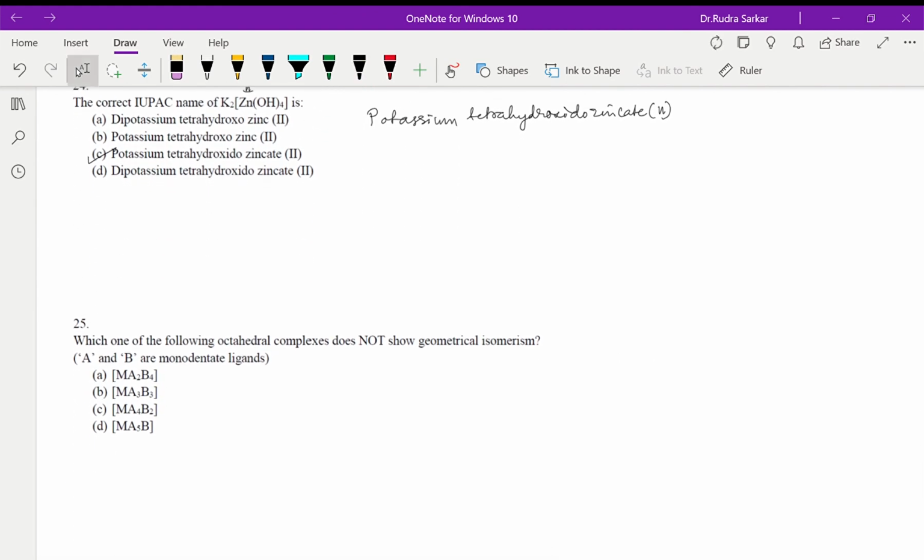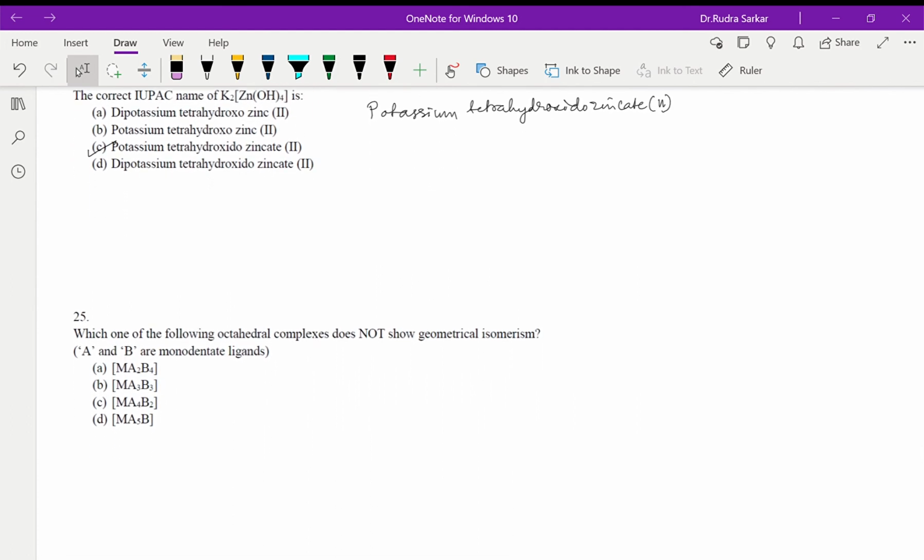Next we have, which of the following octahedral complexes does not show geometrical isomerism? Geometrical isomerism can be shown by MA2B4. How? Let's have a look. B, B, B, B, you have the A's in the trans form.